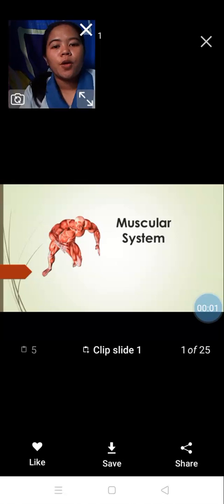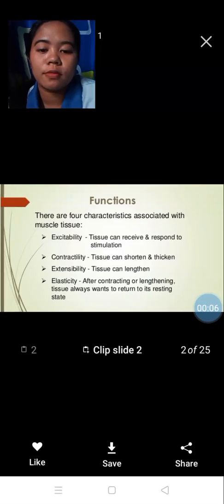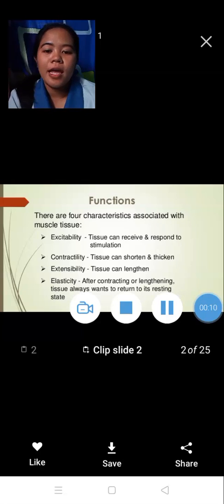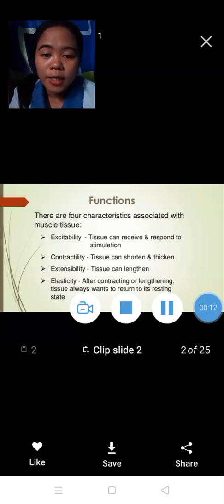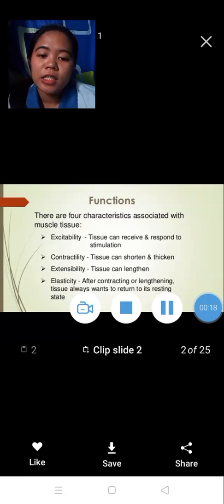We have here the muscular system. The functions of the muscular system are: excitability, the tissue can receive and respond to stimulation. Contractility, the tissue can shorten and thicken. Extensibility, the tissue can lengthen.